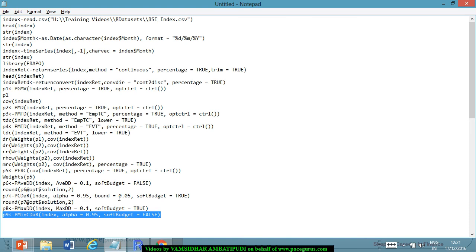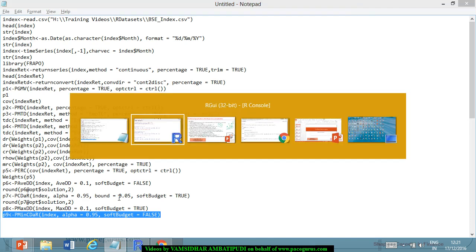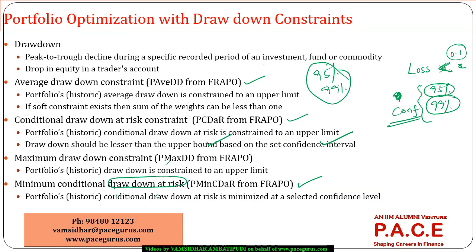So you could see that different portfolios are getting devised based on different objectives. Some objectives are based on the risk-taking levels, and some objectives are based on the drawdown constraints. Understanding the requirements of the clients, appropriate solutions need to be designed, and appropriate portfolios need to be given to the customers.